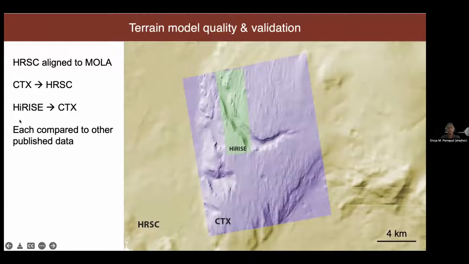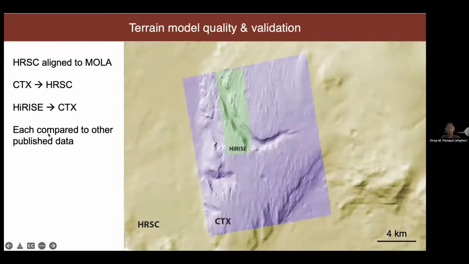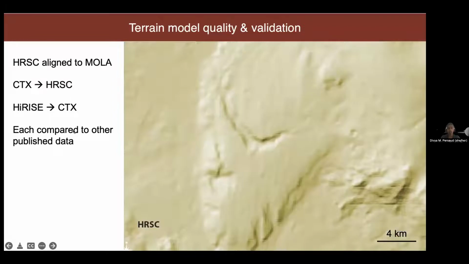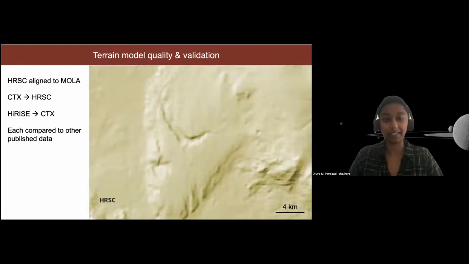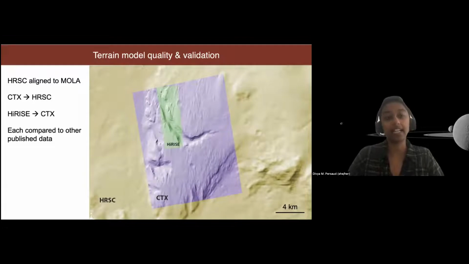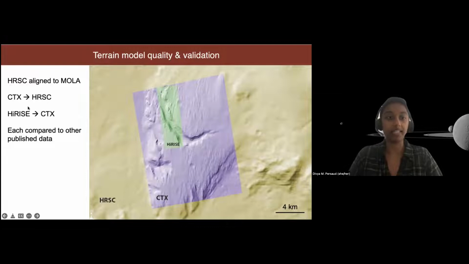So again, just explaining this cascade again, HRSC is intrinsically aligned to MOLA, which is great. DLR was amazing when they built this instrument and deployed it, that every single image, we actually do know where it is, and that's been validated. So my work was processing these terrain models and then aligning them.